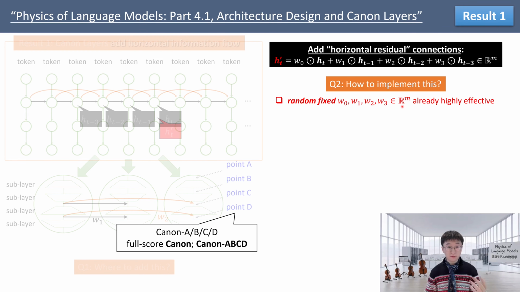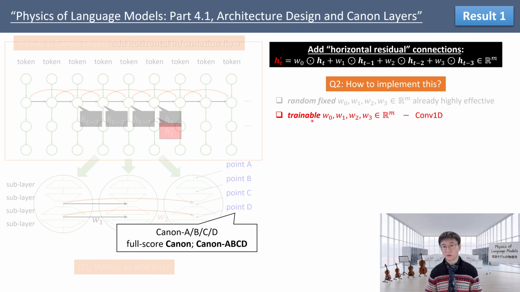But in practice, you should maybe make them trainable, because in terms of computational time and GPU memory, it's not much different whether they are trainable or randomly fixed.